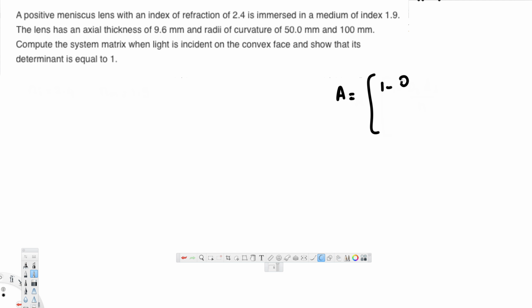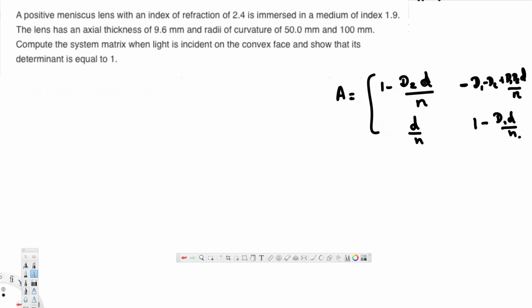So 1 minus D2 d over n, and then on the other side we are going to have D1 minus D2 plus D1 D2 d over n, and d over n, and then 1, not negative 1, 1 minus D1 d over n.